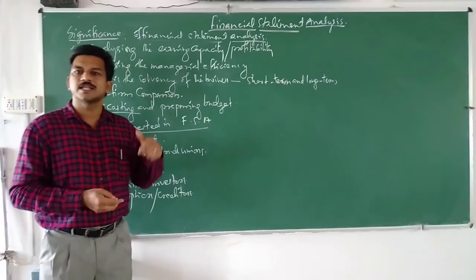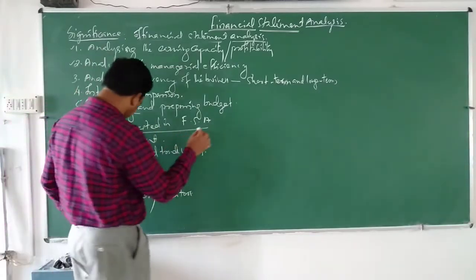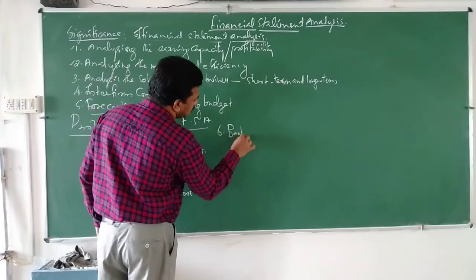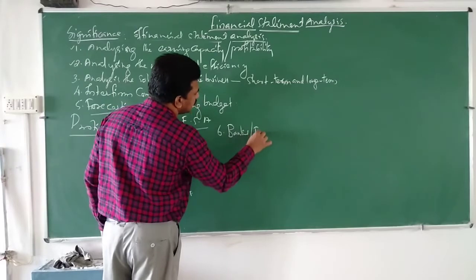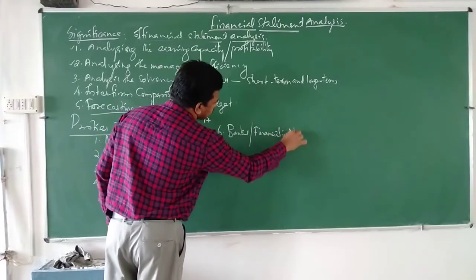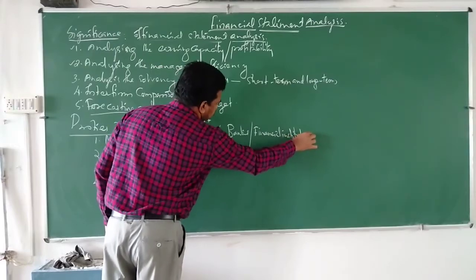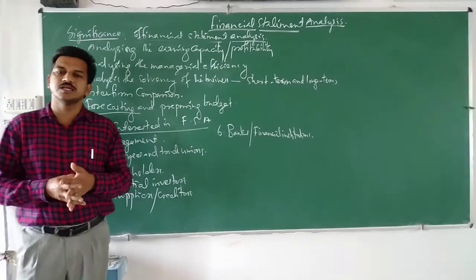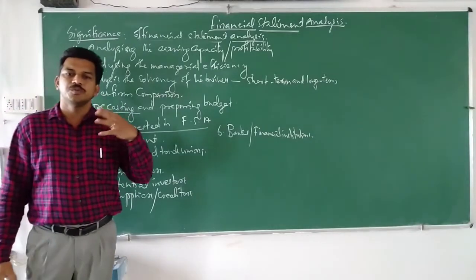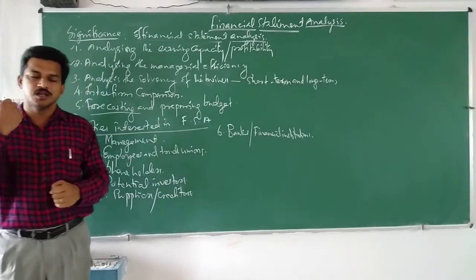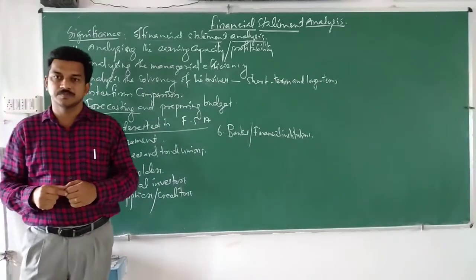Then, like that, the other category is bankers and financial institutions. Banks and other financial institutions. So they also will check in the same manner whether the firm is able to pay back the loans taken from financial institutions or banks.